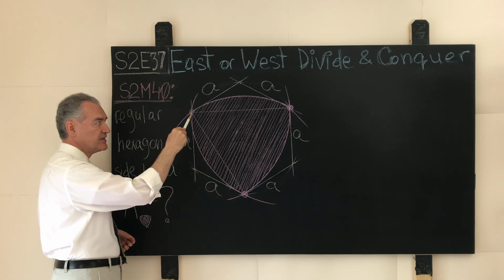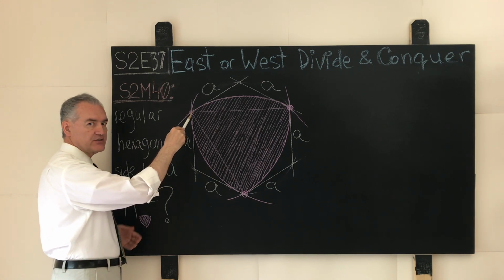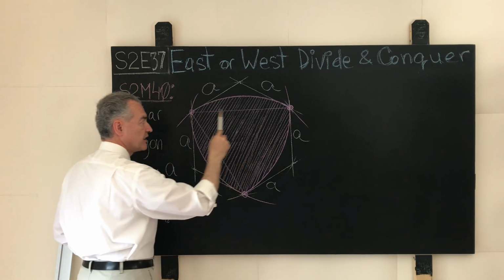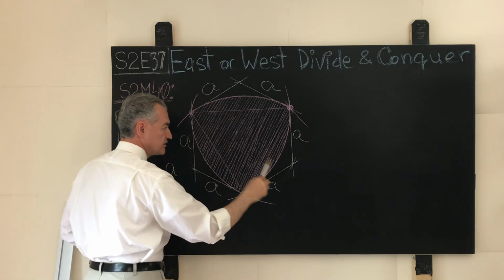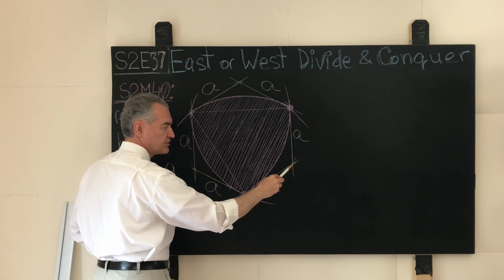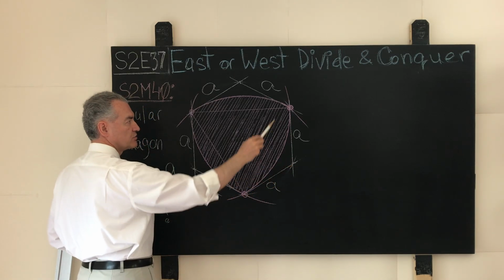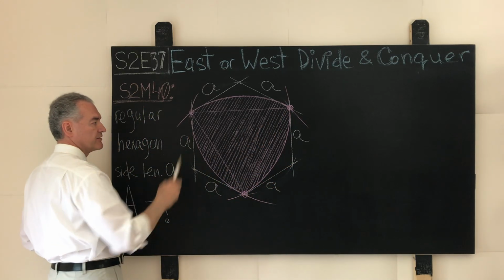For example, in this case, the radius of the corresponding circle will be equal to the length of this diagonal right here, because the diagonal that connects to the opposite vertex of the regular hexagon is larger than this diagonal.